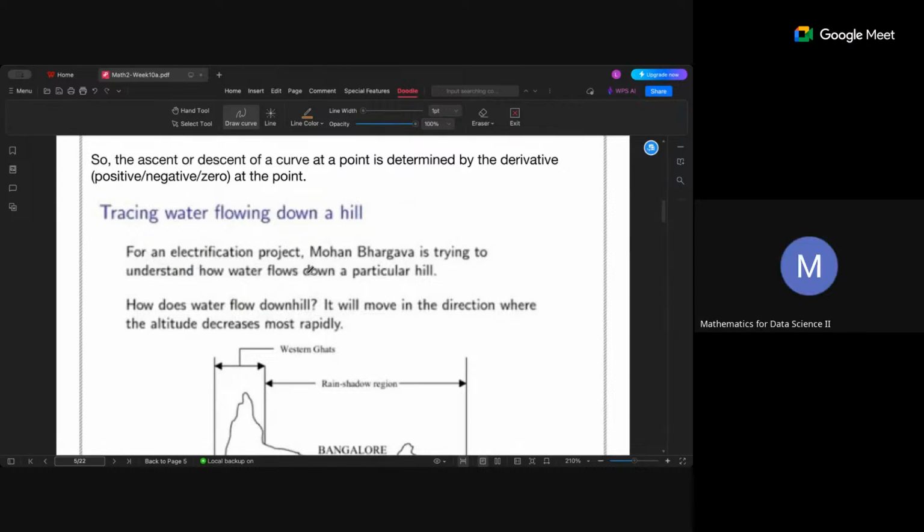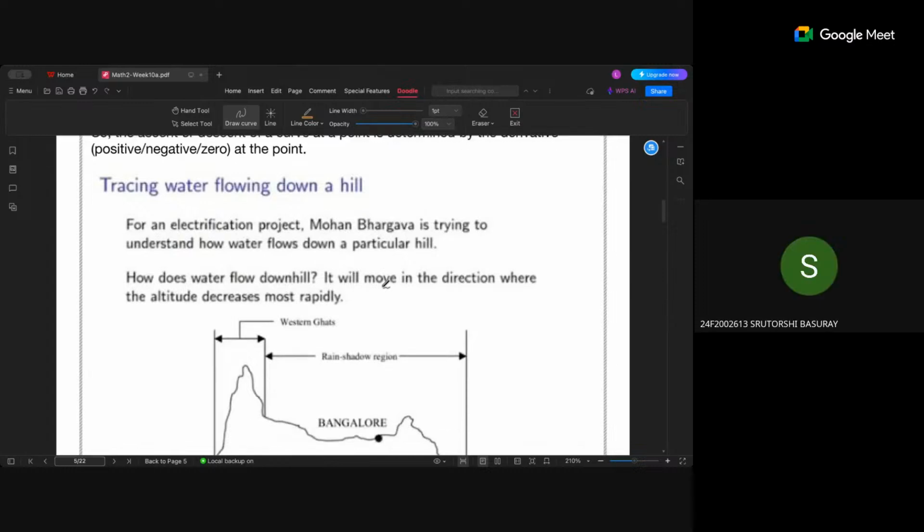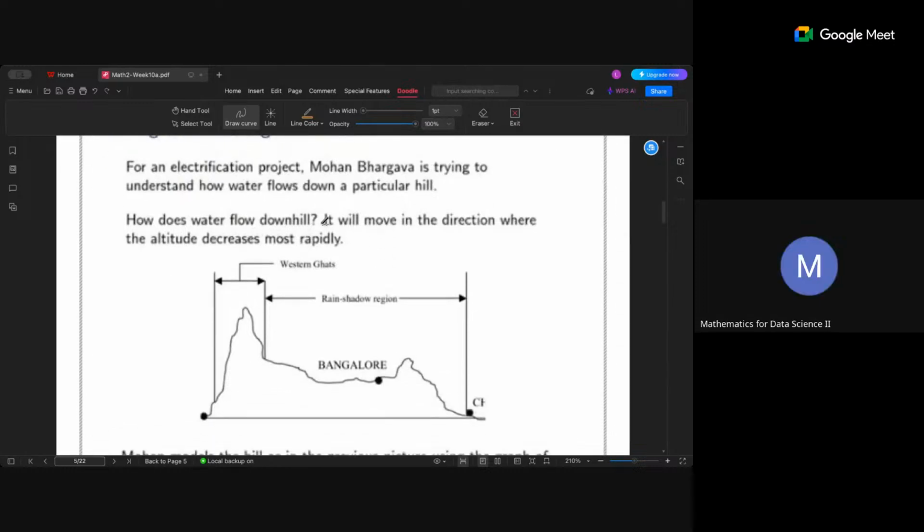For an electrification project, Mohan Bhargava is trying to understand how water flows down a particular hill. How does water flow downhill? It will move in the direction where the altitude decreases most rapidly.